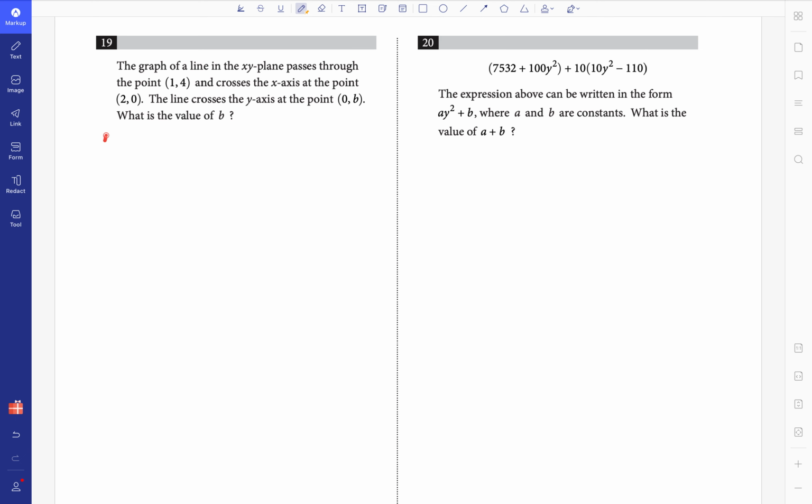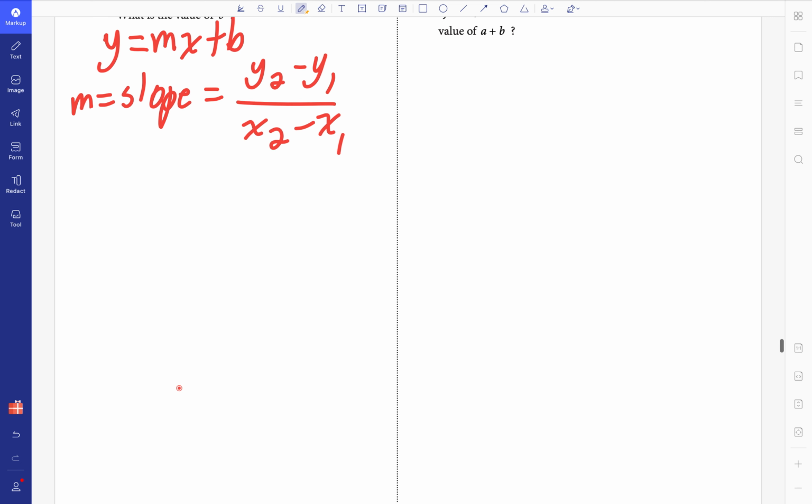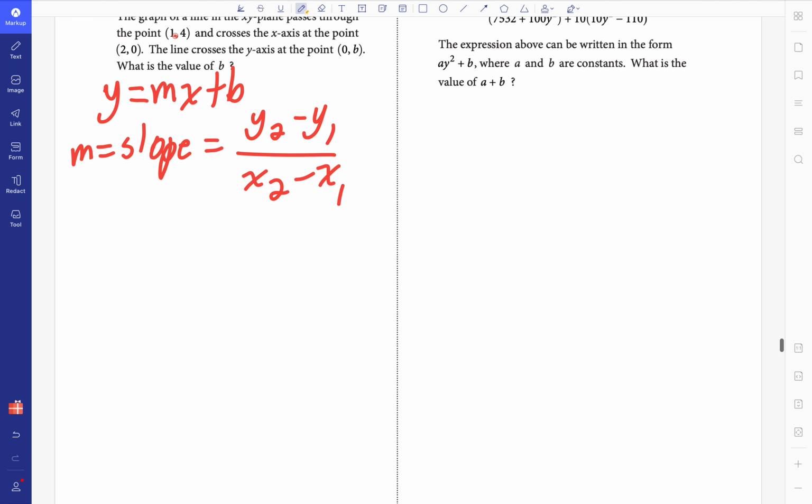Okay, so let's just set down my equation. y equals mx plus b. We know that m equals slope, which equals y2 minus y1 over x2 minus x1. Okay, now here, my y1 is going to be 0. Let me do this in a different color.